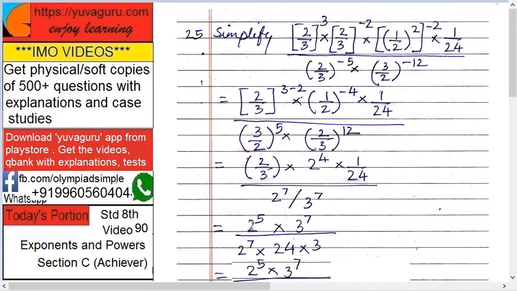So 2^5 into 3^7. This 3^7 goes up. Right? Why? A upon B upon C equals AC upon B. Right? So 2^5 into 3^7 upon 2^7 into 24 into 3.